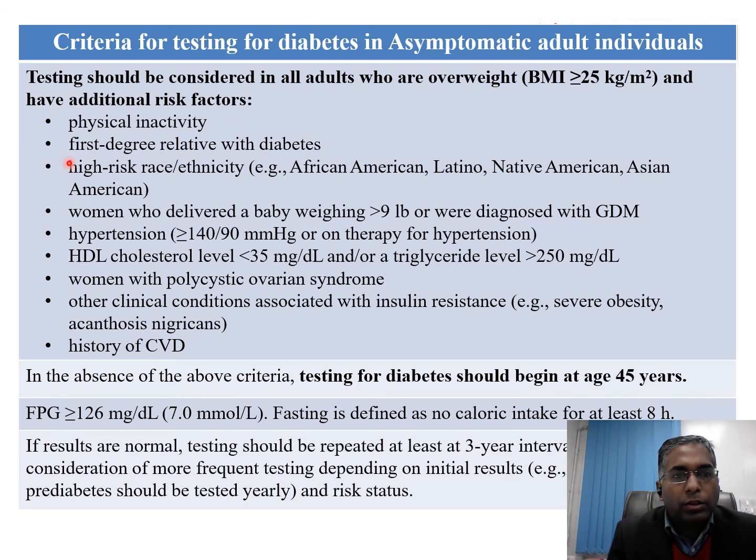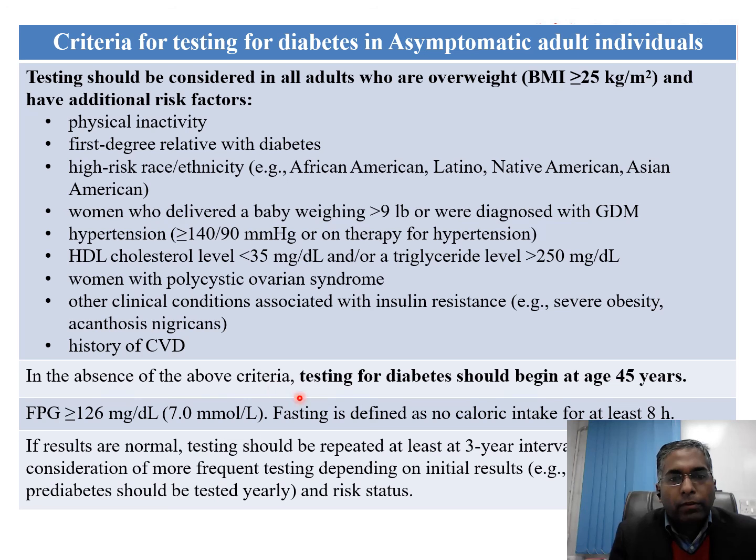So, persons who are physically inactive, persons who are first degree relatives of diabetics, those of high risk ethnicity, women who delivered a baby more than 9 pounds or 4 kg or were diagnosed with GDM, persons with hypertension, dyslipidemia, women with polycystic ovarian syndrome, and history of CVD.